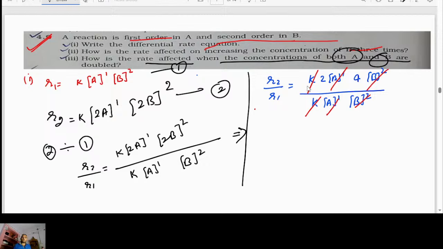So 4 twos are 8. R2 by R1 is going to be 8, so R2 is equal to 8 times R1.